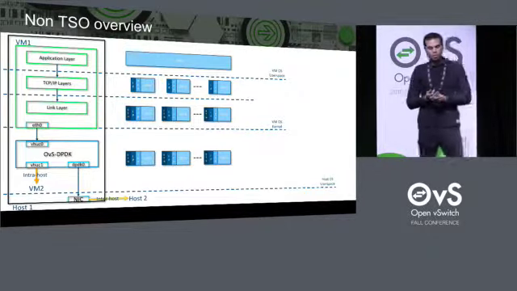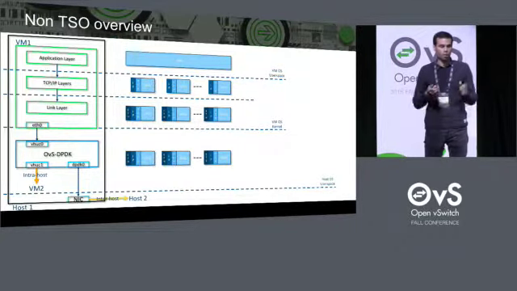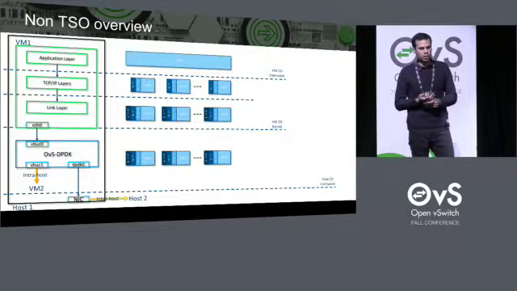Now, if we try to zoom in into our previous diagram, and we try to represent all of the components at play there, we can fairly easily see where the performance bottlenecks are coming from.